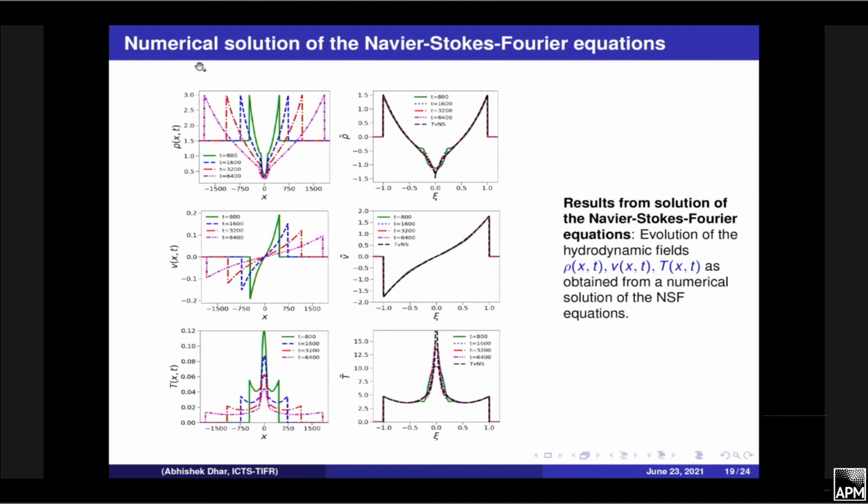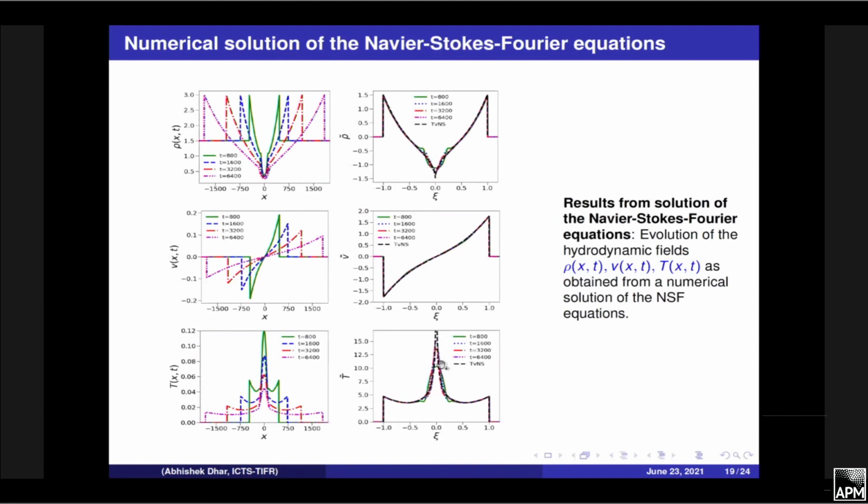Okay, so now I present the numerical solution of the Navier-Stokes-Fourier equations, and these are the solutions. If you remember the molecular dynamics simulation results, they looked very similar. And again, they have the same scaling collapse. And then what you find is that now you don't have any divergence at the center.